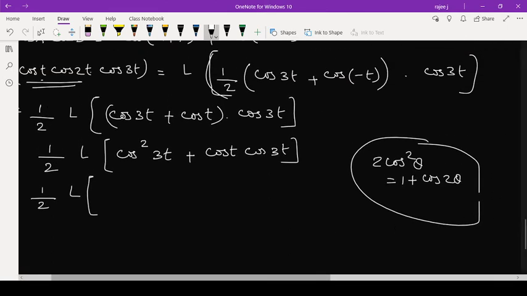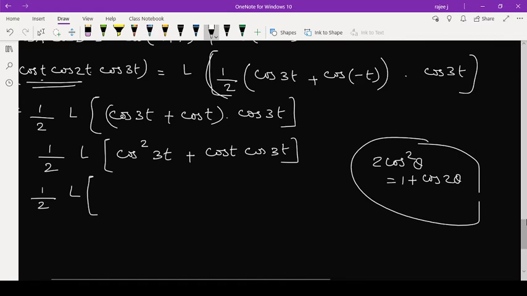There is no formula for this power except L of t raised to n. If it is cos square 3t, sin square 3t, or that trigonometric term raised to some power, you don't have any formula there, so you have to convert that into multiple angles. So 2 cos square theta is 1 plus cos 2 theta, and if it is 2 sin square theta, here it will be minus.